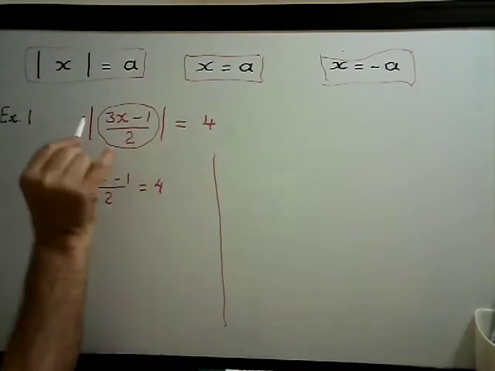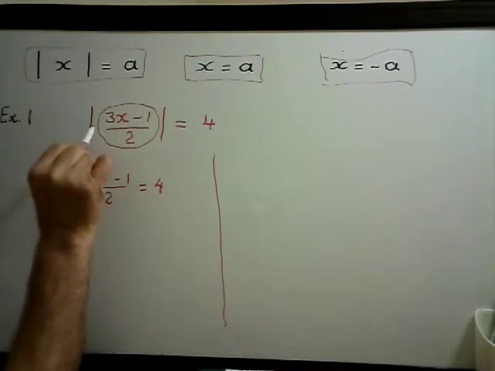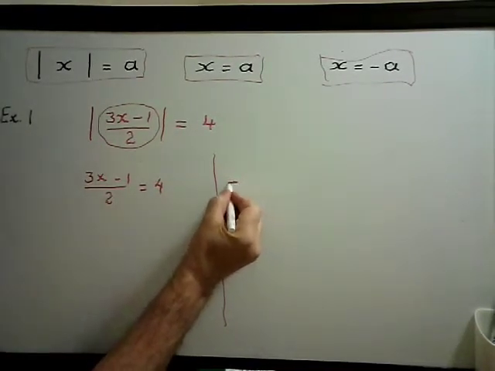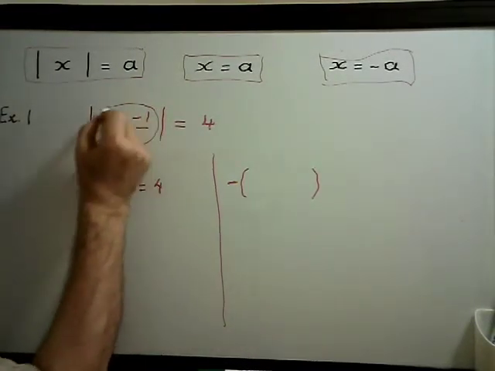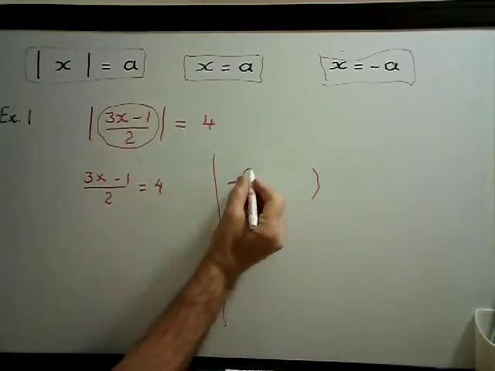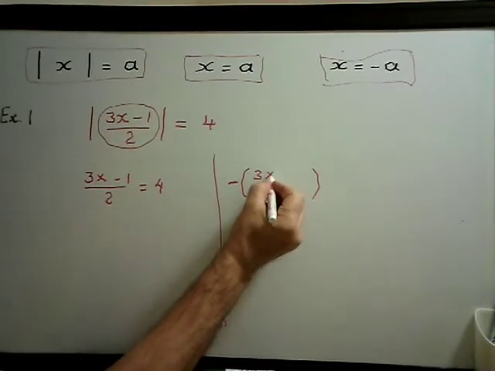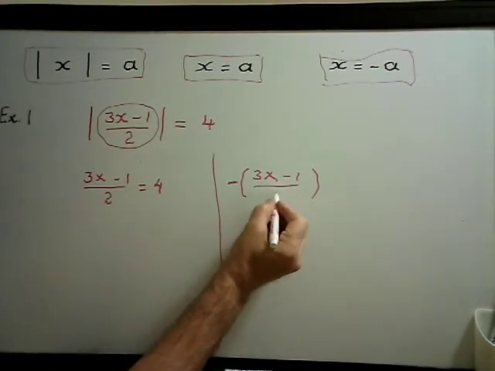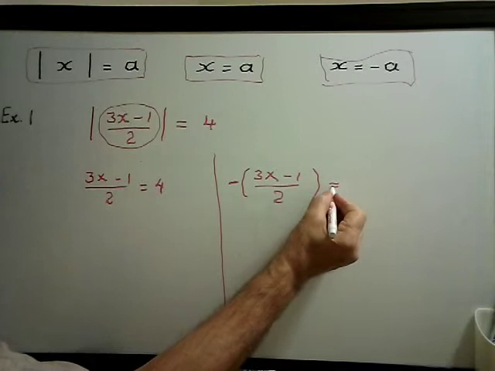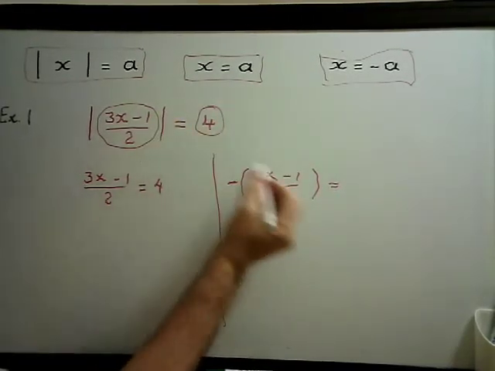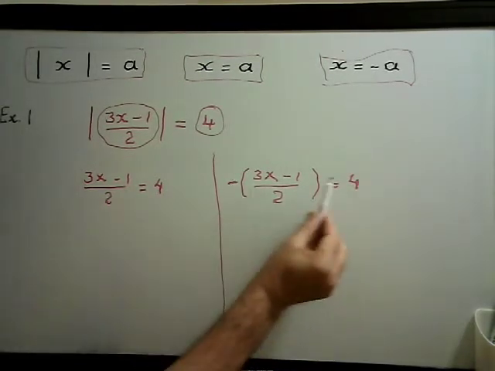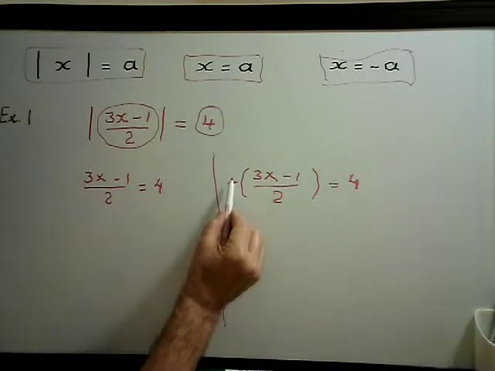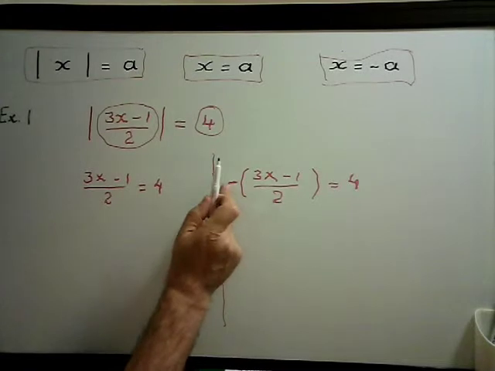Why? Because this one is negative. We put here negative, and all this quantity inside the brackets, 3x minus 1 over 2, is equal to the same positive value, which is 4. Now by multiplying by negative to get rid of this negative, here will be negative and here the negative will disappear.